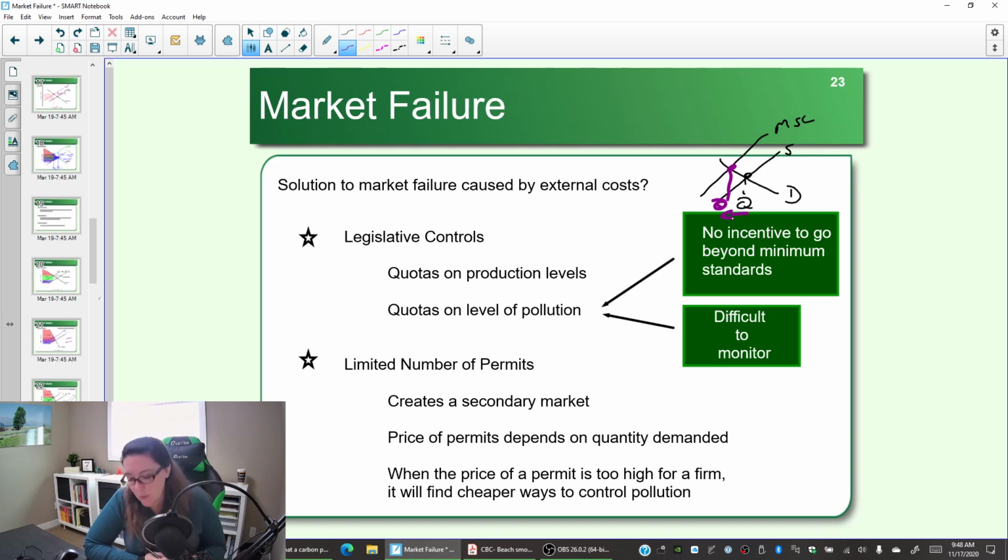So the second solution we have to external costs is the idea of legislative controls. In this case, the government puts a quota on the amount that a company can produce.